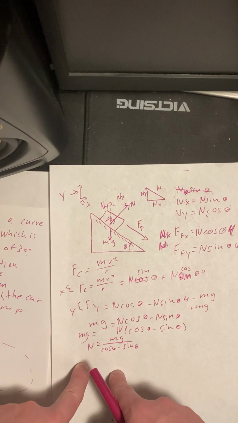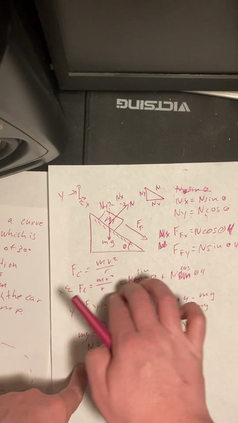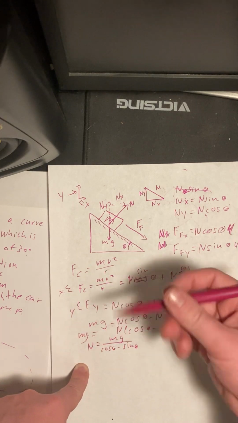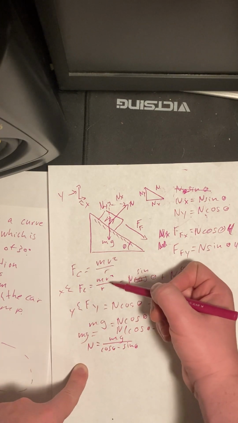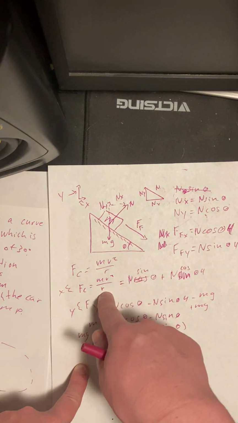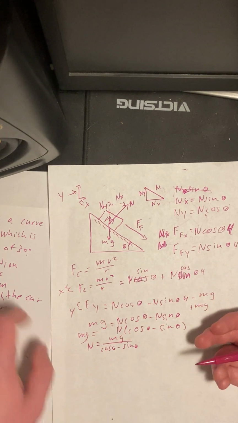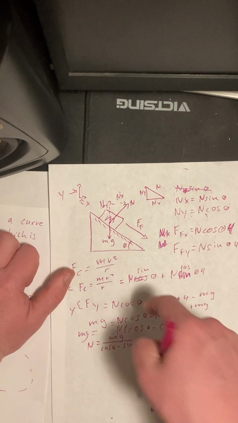So what we can do here is plug this n back up to here in this equation for overall centripetal force, because we're looking for the velocity of this, and we need to solve that by finding the other things. Let's plug this into this equation.